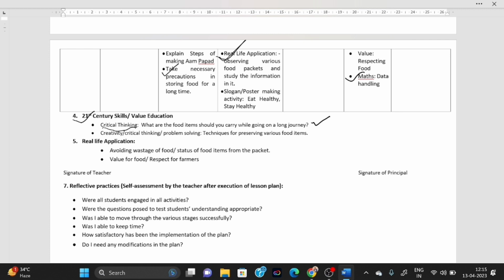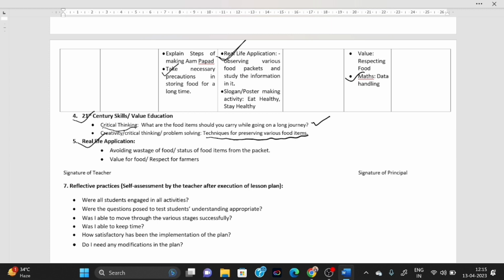They can discuss and think that some food items which we prepare at home will spoil very quickly, so we cannot take this type of food while going on a long journey. We should take such types of food items which take more time to get spoiled. And also for creativity, critical thinking and problem solving, various techniques for preserving various food items.